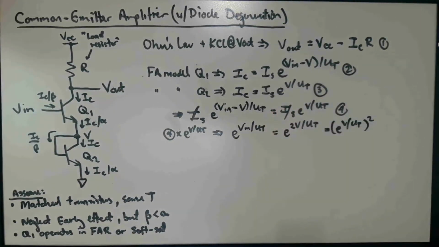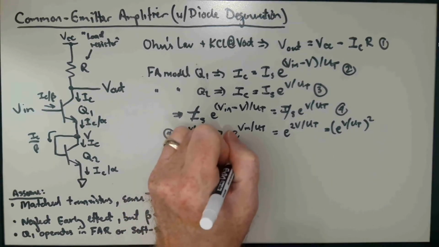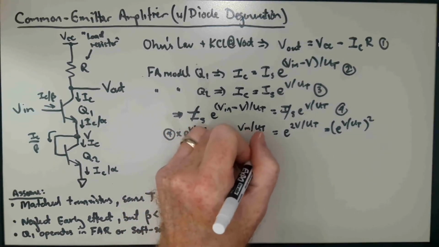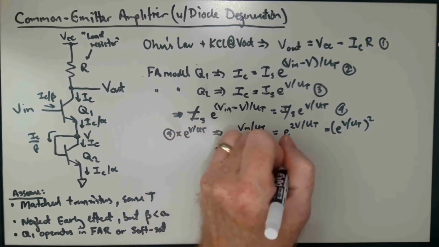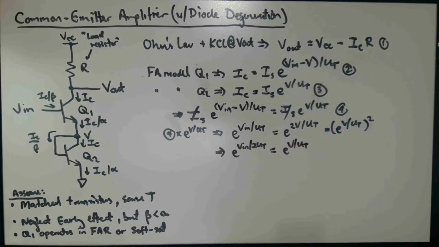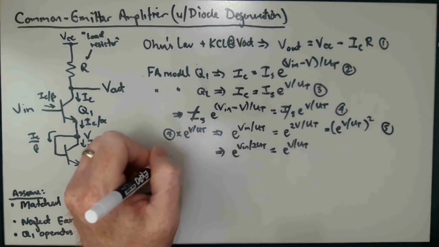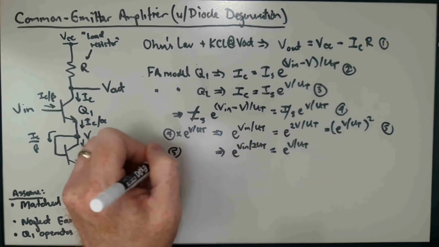We basically take the square root of both sides to eliminate that square, and we find that e to the Vin over 2UT is equal to e to the V over UT by taking the square root of both sides. So 5 square root.